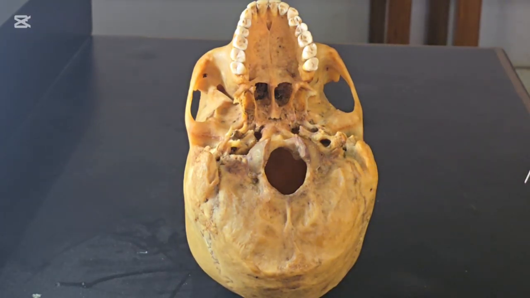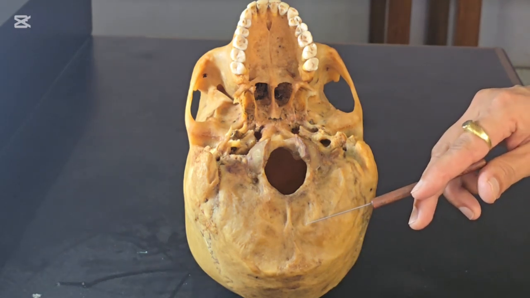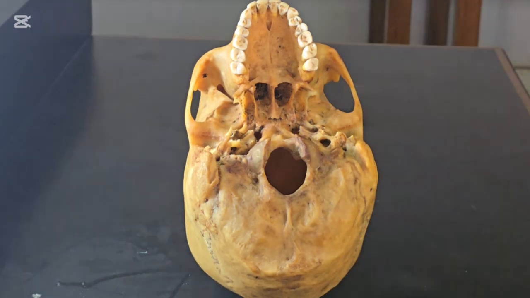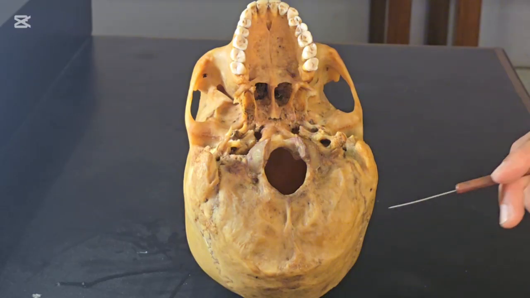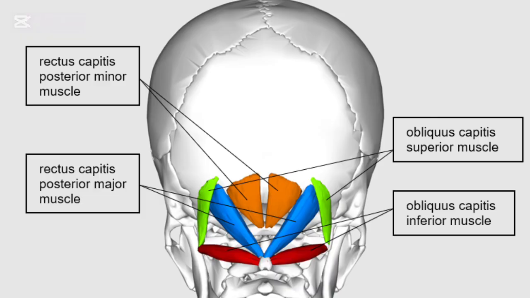Similarly, the area between the superior and inferior nuchal lines is the site of attachment of semispinalis capitis medially and superior oblique laterally. A triangular area bounded by rectus capitis posterior major, superior oblique, and inferior oblique is known as the suboccipital triangle.